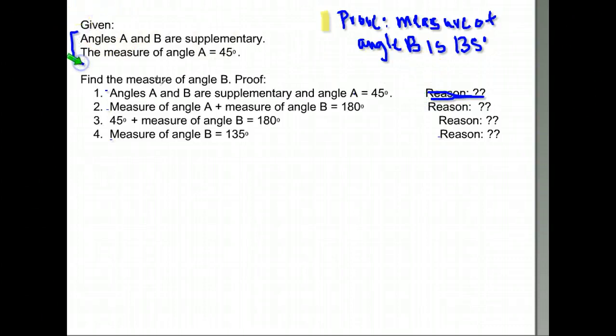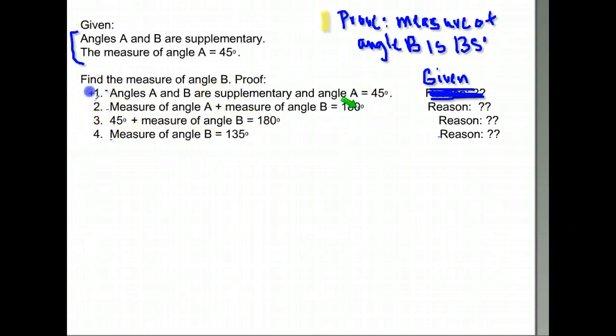It was in our given information. So that first reason is going to be given. And most of the time, your first step in a proof will be your given information. Your reasoning is given.